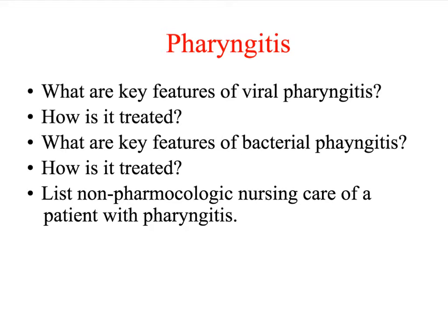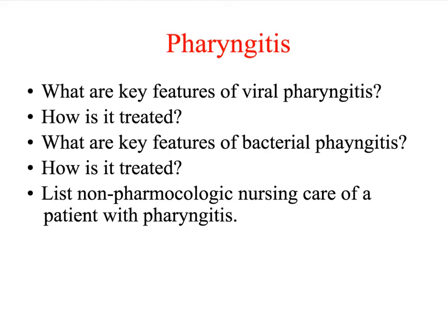Viral pharyngitis will present with other symptoms such as rhinitis, headache, sinusitis signs and symptoms, and a gradual onset. Bacterial pharyngitis will present more with an abrupt onset. Sometimes bacterial pharyngitis will also present with a rash, so that can help differentiate the two.